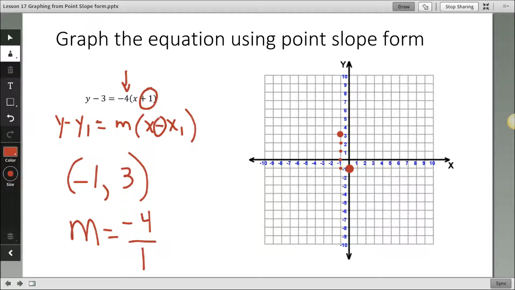Now we can also go the opposite direction, so we could actually go up 4, 1, 2, 3, 4, and go left 1. And we can do this as many times as possible on the page. And I suggest you do it as many times as it will fit. That way you can get a nice straight line.